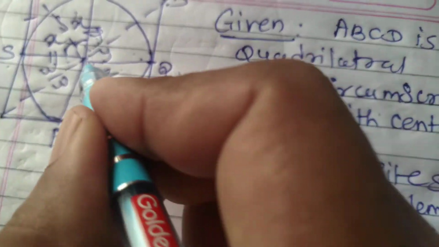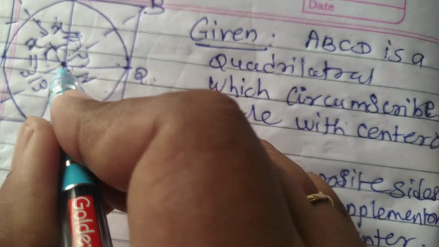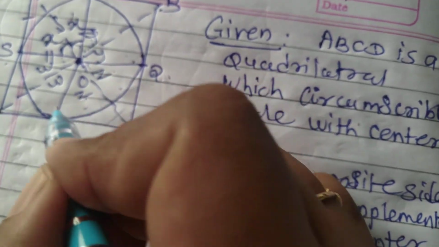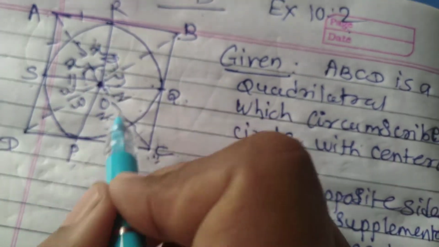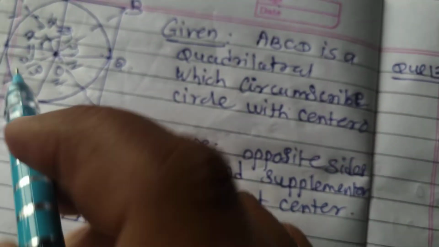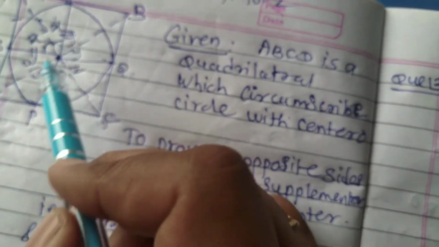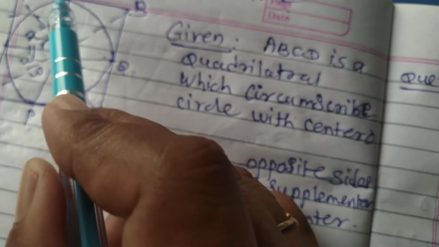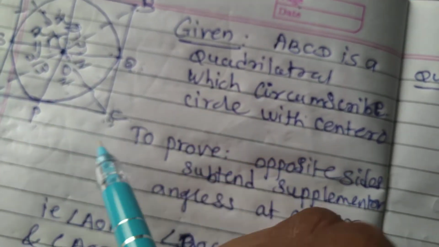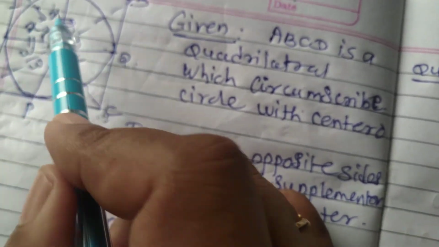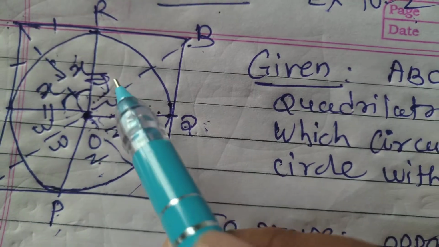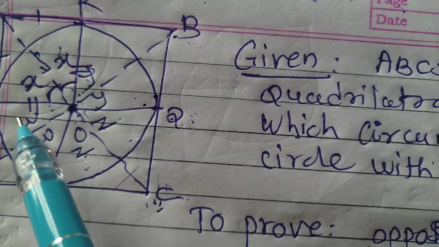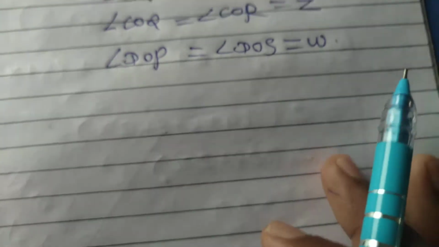Now the center of the circle is O, and the measure of all angles created at a single point is 360 degrees, means the sum of all these angles is 360 degrees. Now from the figure directly you can write x plus x, y plus y, z plus z, w plus w equals 360 degrees.